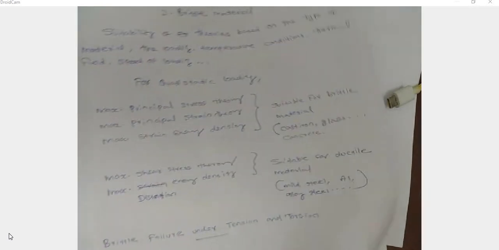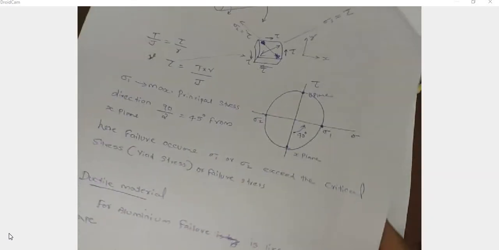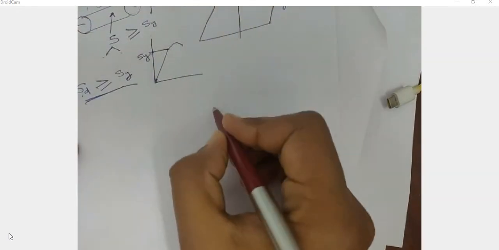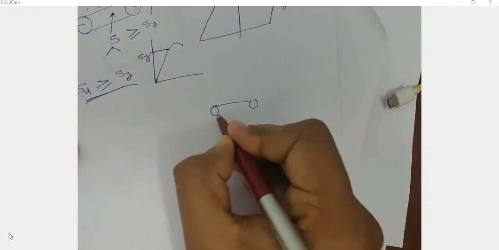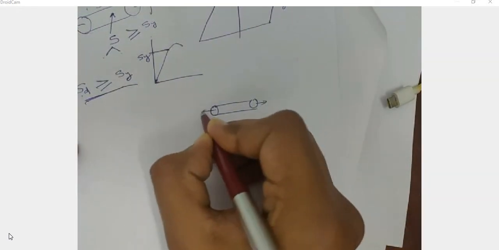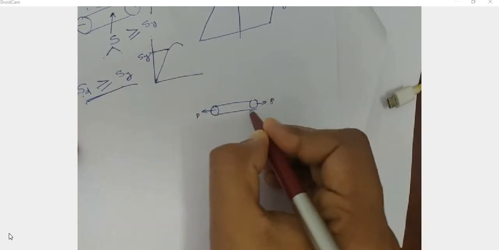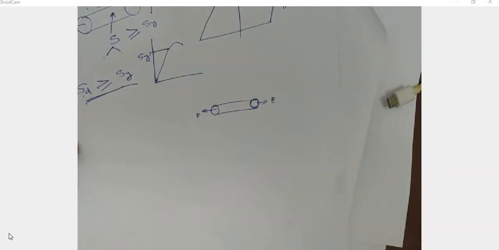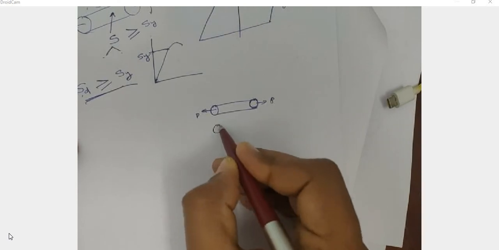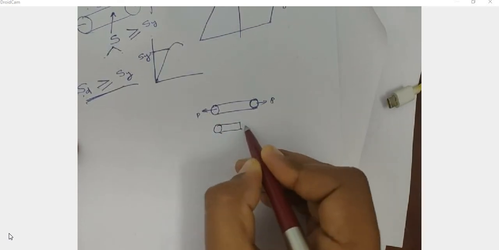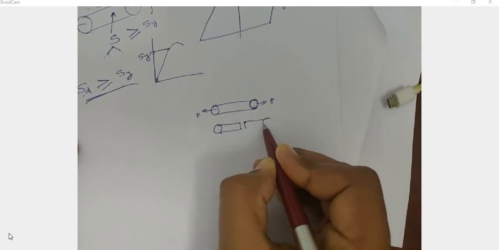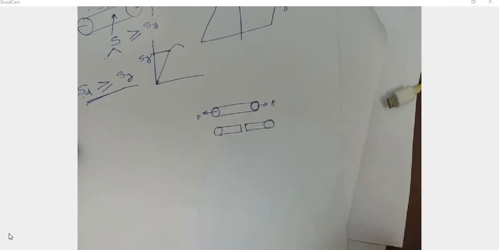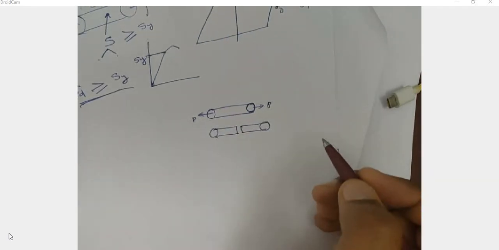Another one is, actually, when we take a chalk piece and apply normal stress, the failure will be like this. That means the failure section will be a planar region.